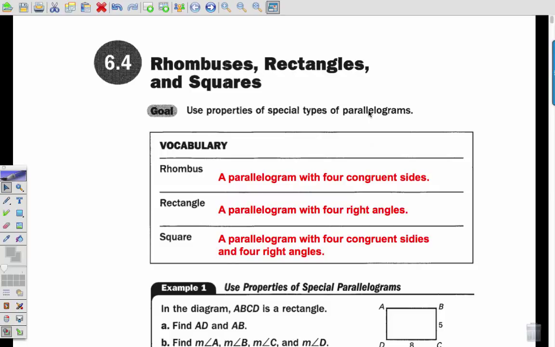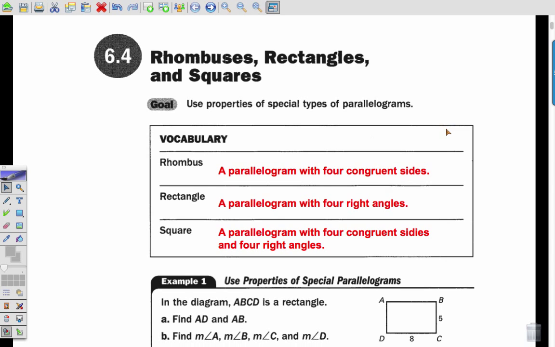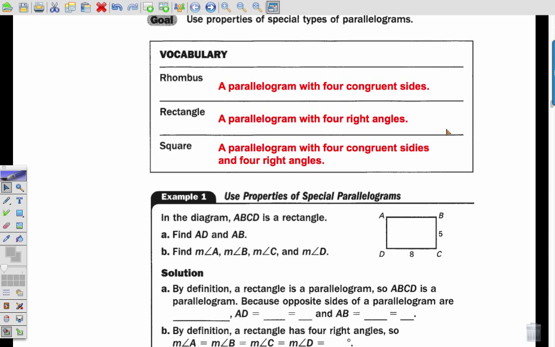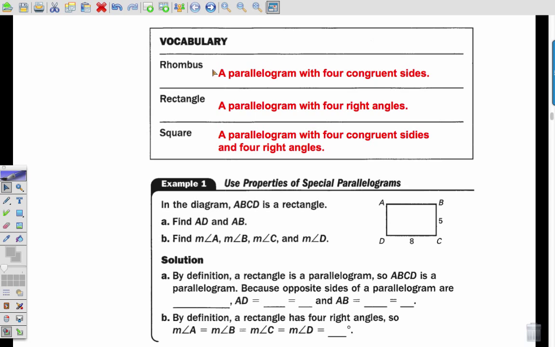In this unit, we're going to learn some special parallelograms, and they are rhombuses, rectangles, and squares. So first of all, let's look at the definitions of these three special parallelograms. Rhombus, in plain English, we also call them diamonds.